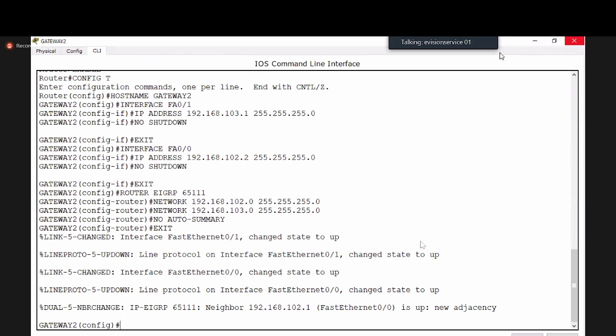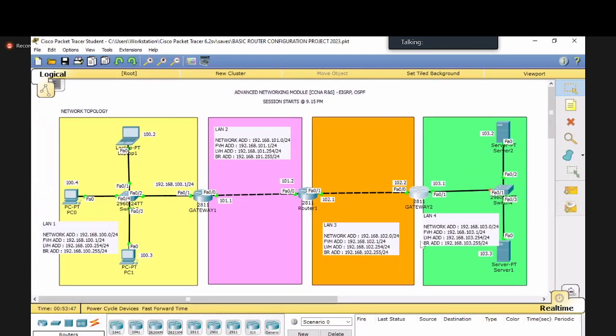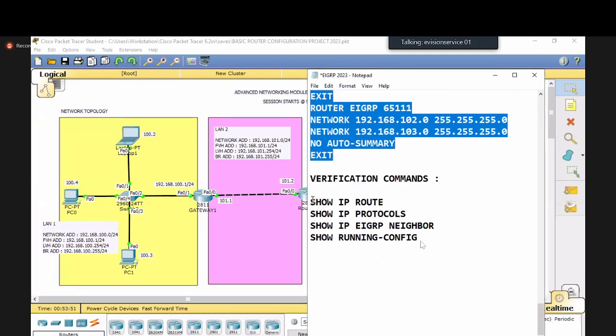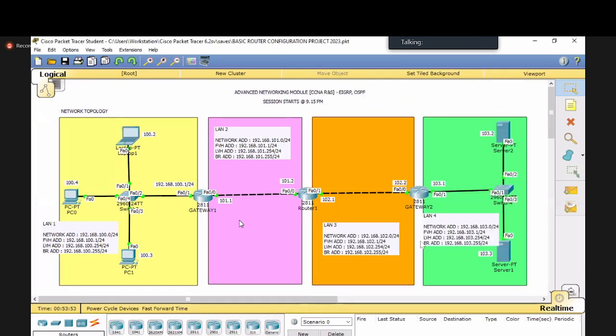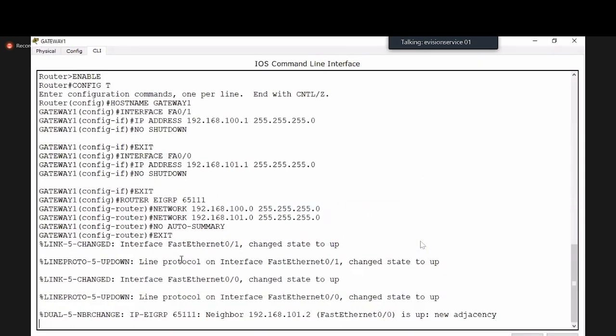All right. So now we are going to be verifying. The verification process we're going to be doing using these 4 commands. If I open any of these routers, can you see a message here?